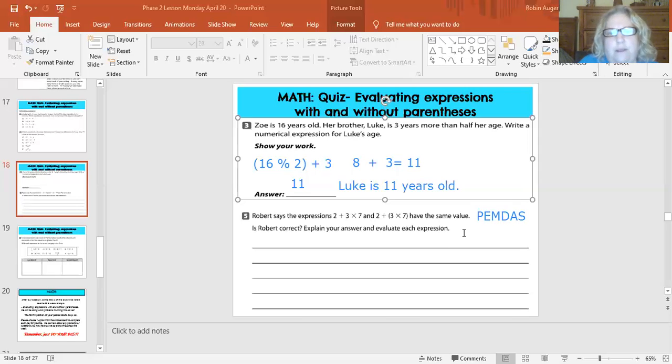Now, when we see this here, we'd have to put in the 3 times 7 if we're following the rules. So basically, this second problem, these two expressions, the second expression is just basically taking the next step. So our answer would be yes. These problems are the same because if you're using PEMDAS, you're going to automatically put your parentheses.